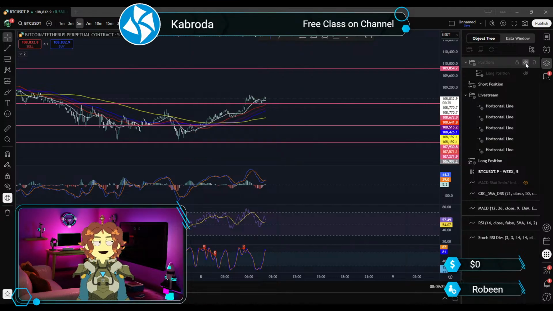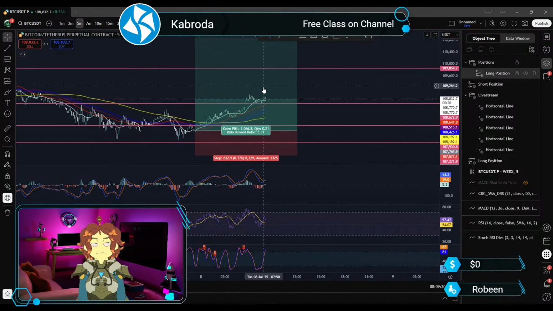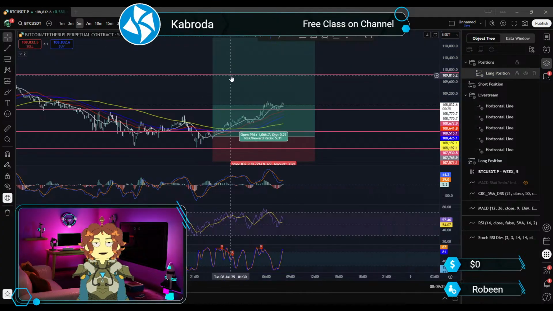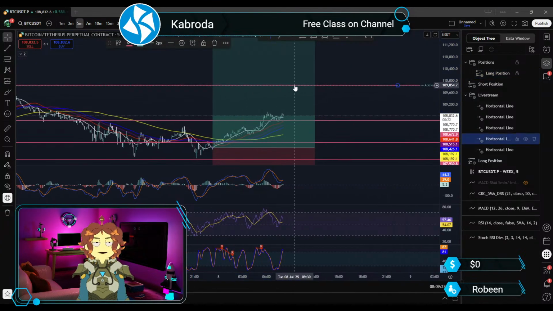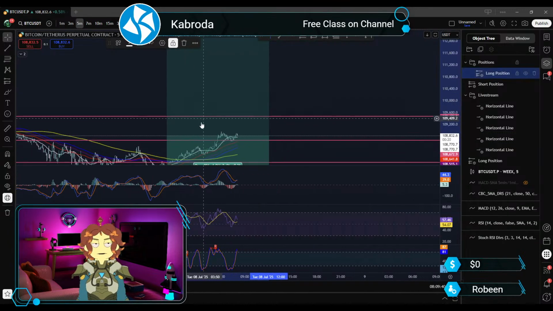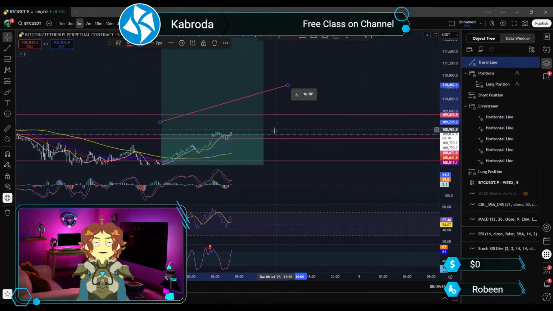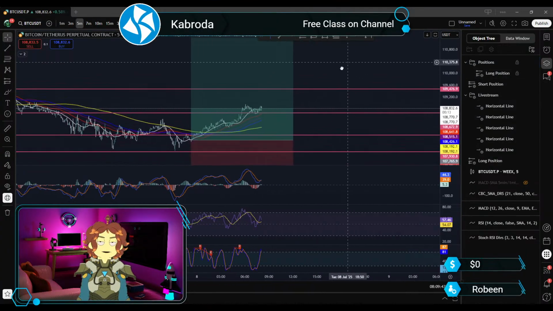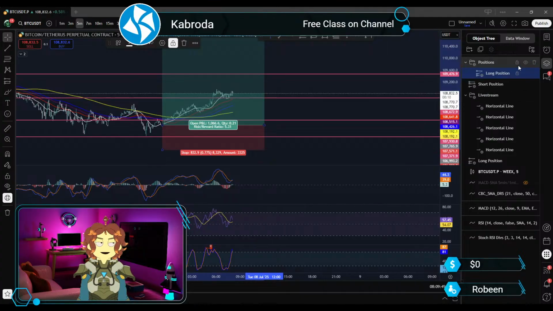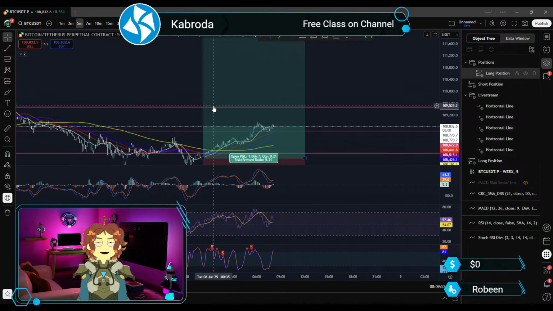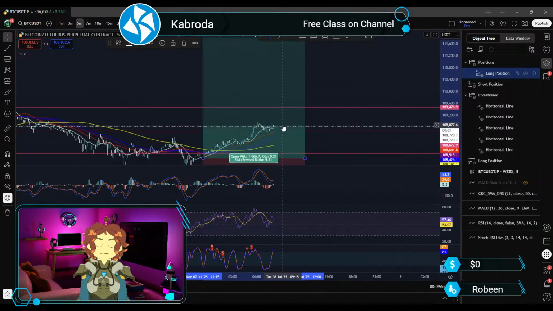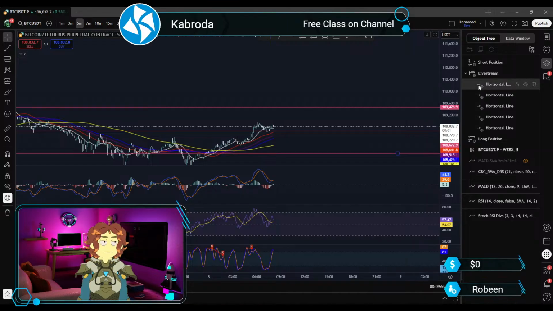Then you can either hide it and not see it while you're working on stuff, or lock it from here too. Now I can't move it, so I can work on different things. This line could drag up and down, or I could put a different line where it crosses, but I don't get the accidental click and drag. If I had this unlocked, I'd want to move this line and, oh dang it, I just moved the whole thing. So it makes it really easy to organize your stuff.